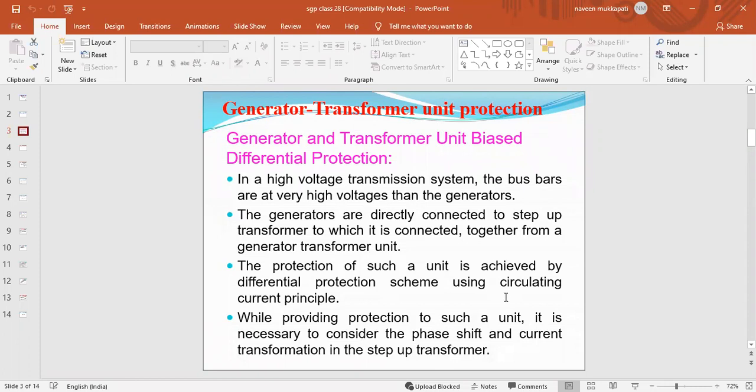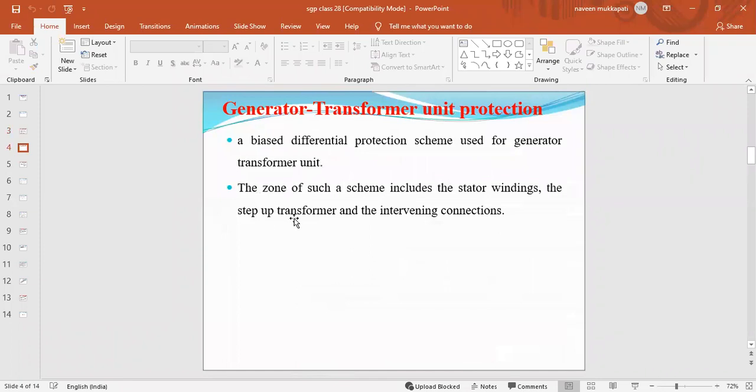We observe the phase shift and the current transformation in the case of generator and transformer unit protection. In that case, we use the biased differential protection.